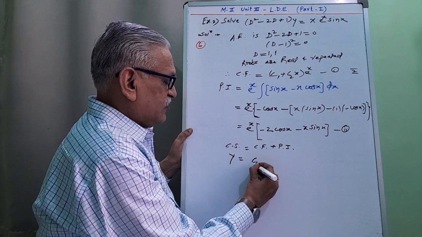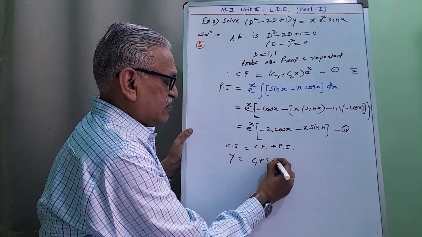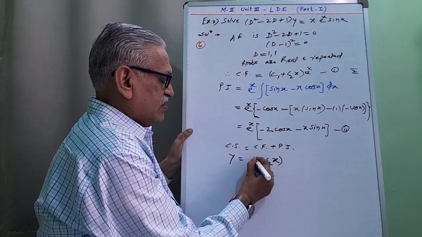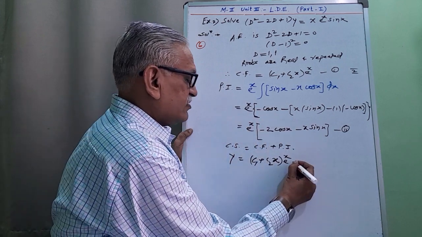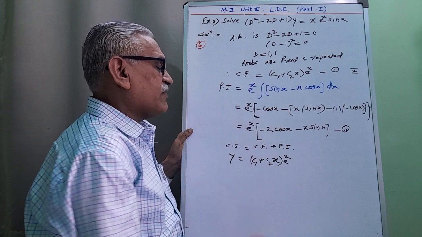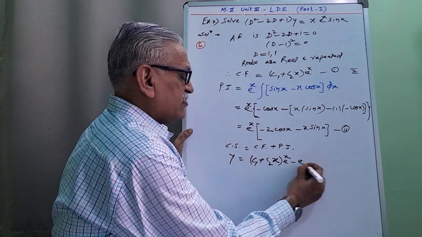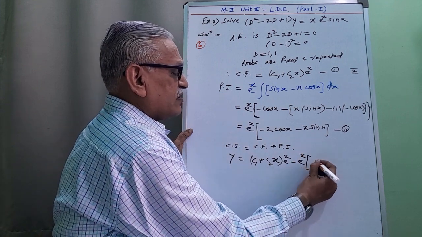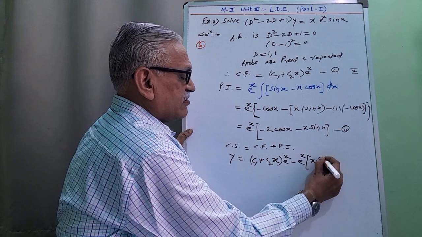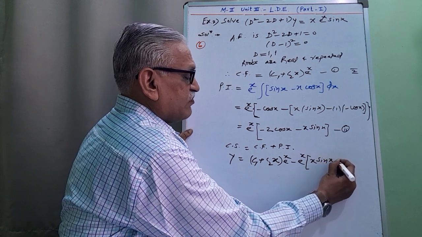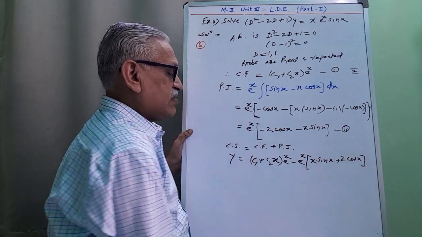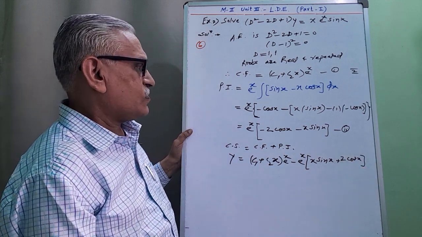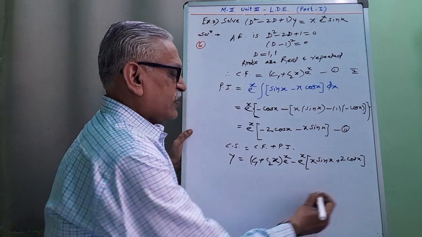CF is C1 plus C2 x multiplied by e raised to x, and plus, or here we can take minus common. Therefore, minus e raised to x, x sin x plus 2 cos x as the required answer.